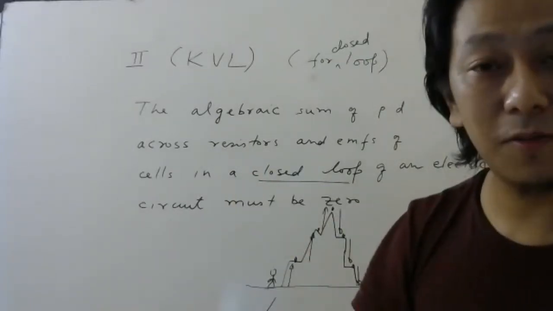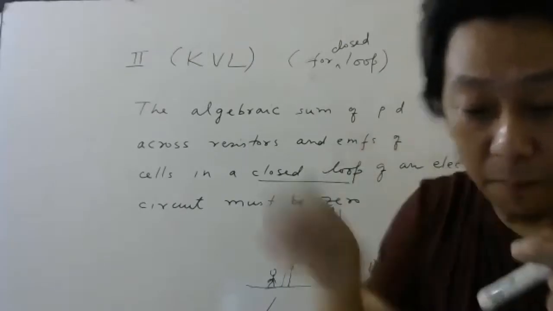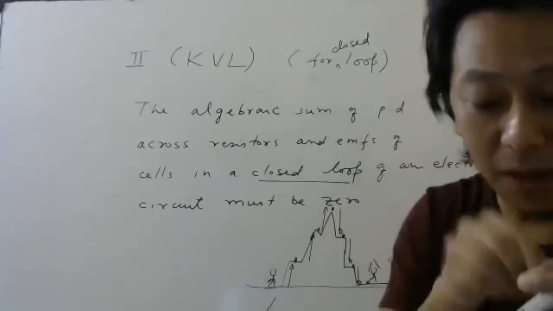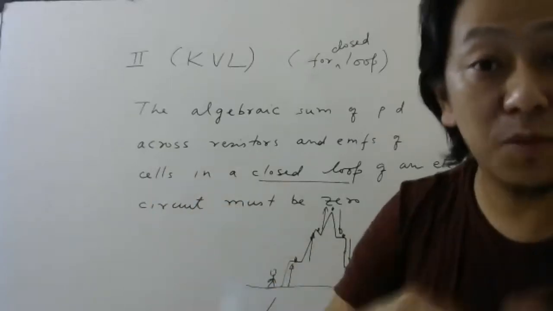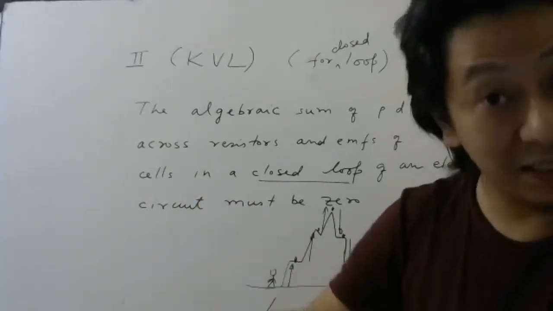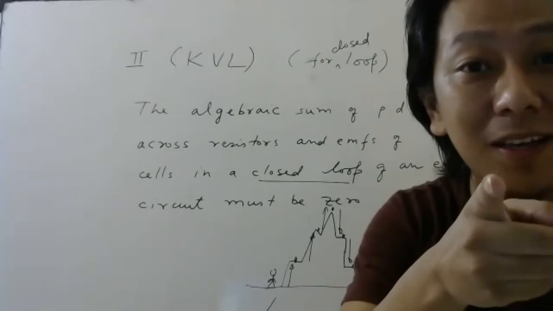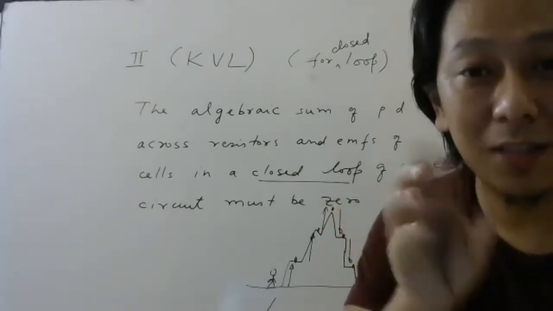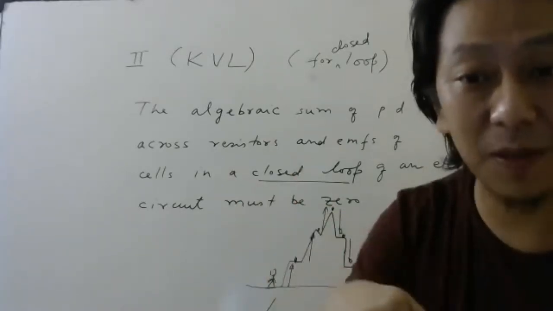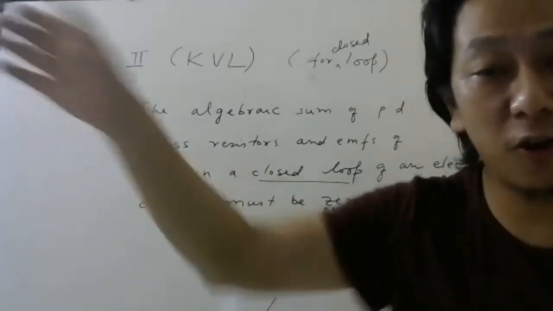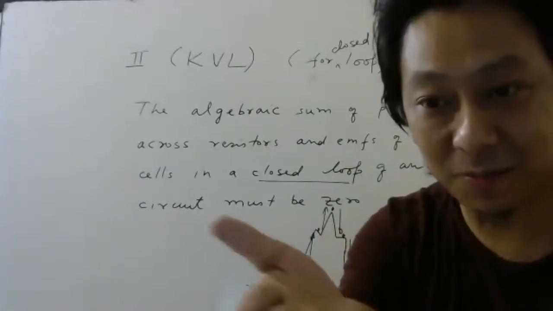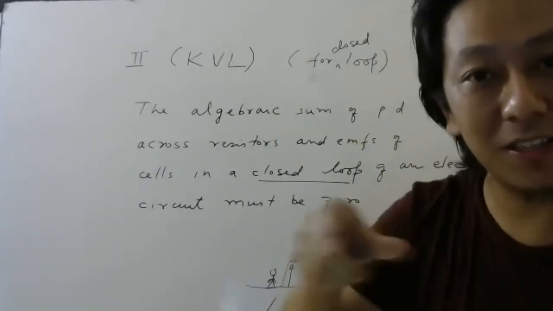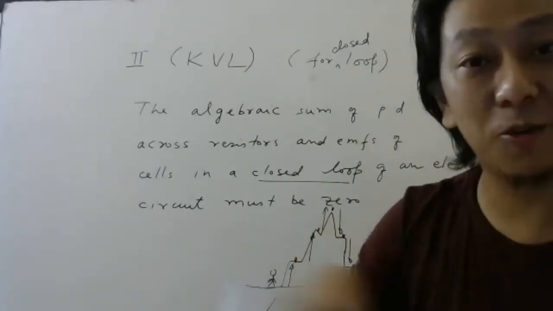In the same way, in a closed loop, if you come back to the same point, the changes in the potential when you add, you must get 0. Since you are getting 0, some of the changes must be what? Some of the changes in the potential must be what in order to get 0? If all the changes are positive, some of the changes must be negative. Very good. If all the changes are positive, then how will you get total 0, right?